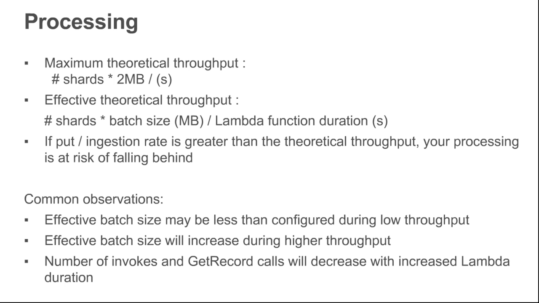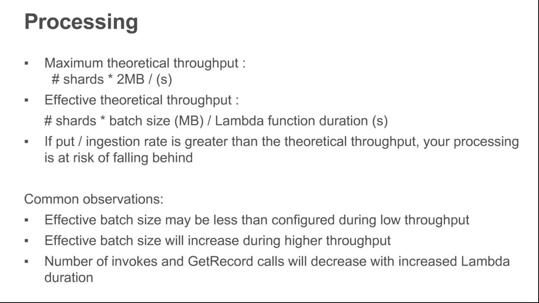A way to visualize this in your head is that the maximum theoretical throughput is around the number of shards times the 2 megabytes per second Kinesis stream limit of how fast we can read. So if you have a stream with X number of shards, the maximum that we can pull messages and process them is the number of shards times 2 megabytes per second.